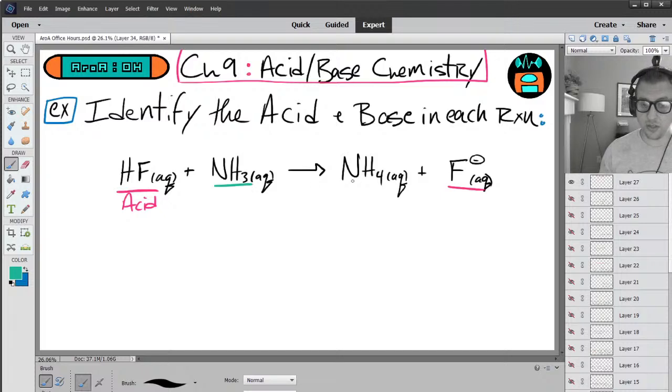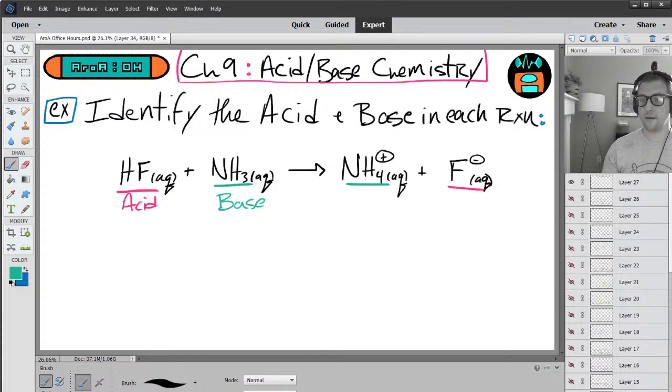When you look at NH3, oops, sorry, I forgot a positive charge right here. There we go. When you look at NH3, going from reactants to products, it's gained a hydrogen and it's gained a positive charge. So it has accepted a proton, which makes it a base. A base is a proton acceptor. An acid is a proton donor.